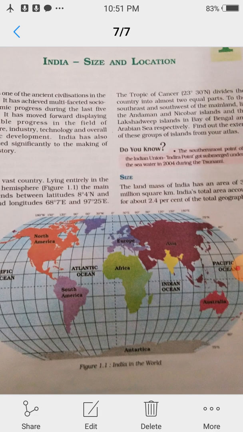Actually these are imaginary lines, but they are shown on this globe. The longitudes on which India lies are 68°7′ E to 97°25′ E, and the latitudes are 8°4′ N and 37°6′ N.